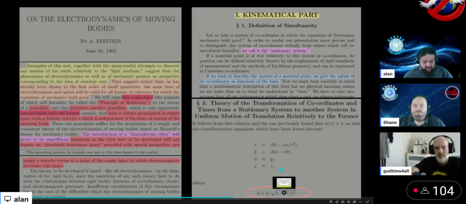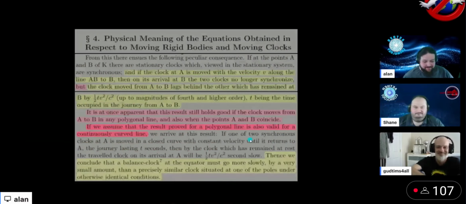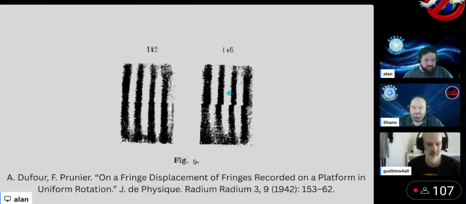Think about the rotation rate of your turntable, like 7 miles an hour squared, over the speed of light squared, like 300 kilometers a second squared. That's going to be ridiculously small, teeny tiny. So what you get out of that is not something able to even describe what's being measured here in these fringe patterns.